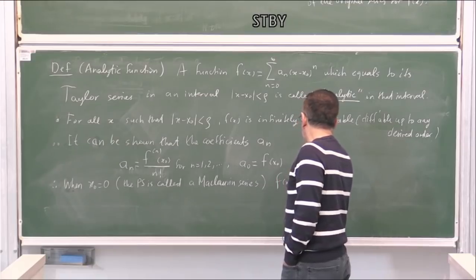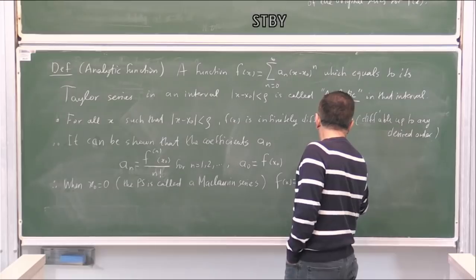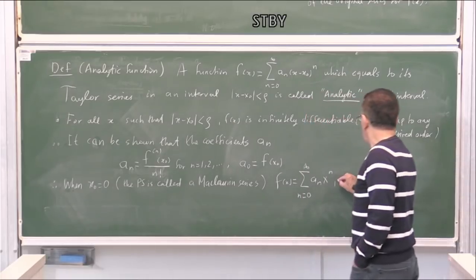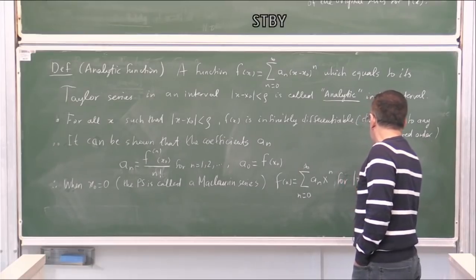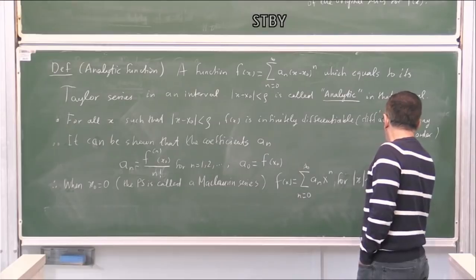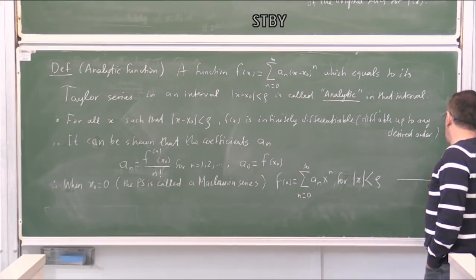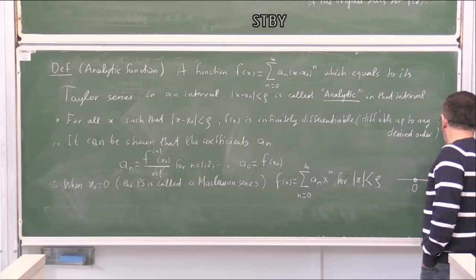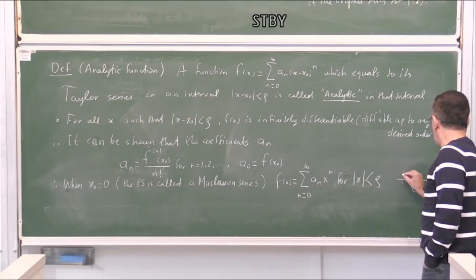F of x, such a function takes the form, okay, where the absolute value of x is smaller than rho, an interval centered at the origin, 0, the origin of the x-axis.